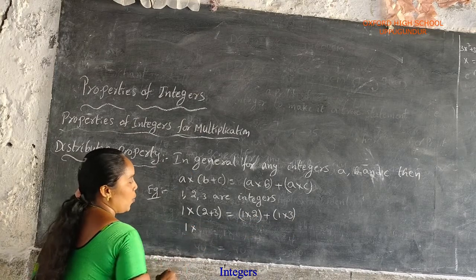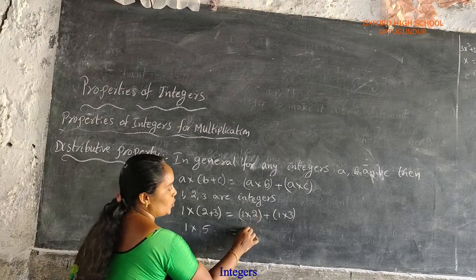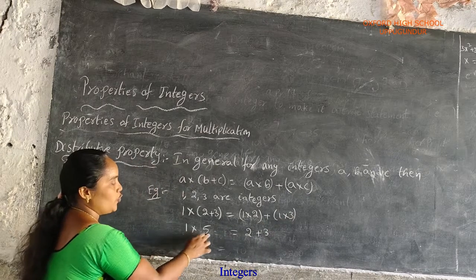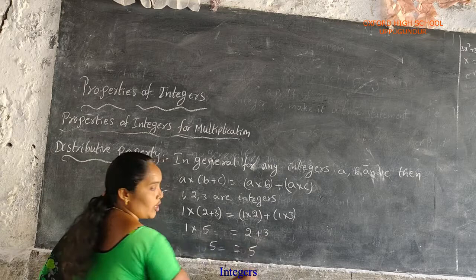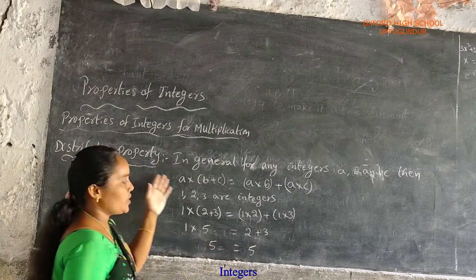See LHS, 1 into 2 plus 3, that is 1 into 5, which is 5. RHS, 1 into 2 is 2, plus 1 into 3 is 3, which is 5. So 5 equals 5. This distributive property is satisfied.